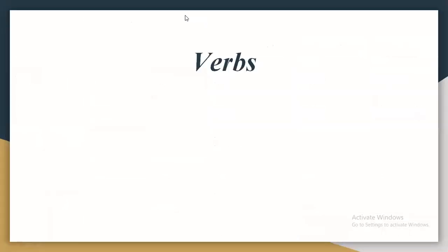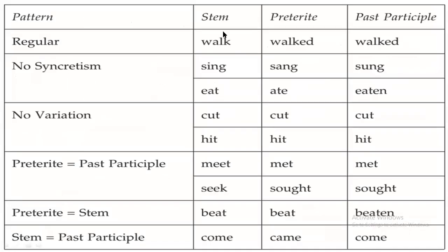So this is in the case of pronouns, and verbs also you can see. Inflection only in case of inflection. Walk, you can see past form walked, and participle walked. We all know that. Inflection. You can see sing, sang, sung, eat. And no variation.